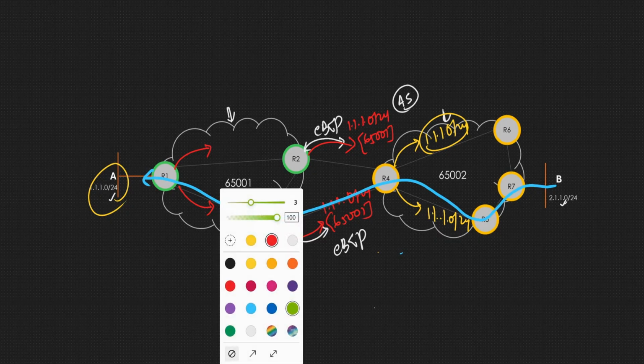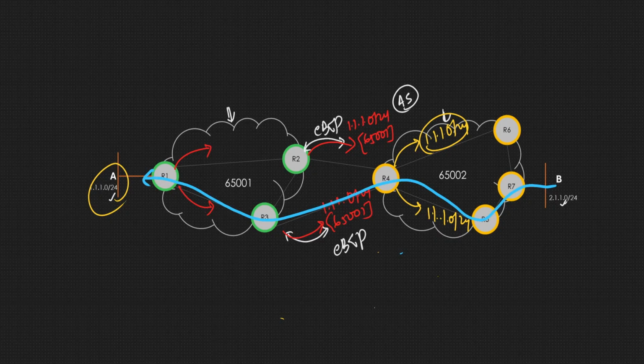So whenever we are talking about an autonomous system within an AS, BGP relies on the AS path to prevent loops for eBGP between autonomous systems, but BGP will not rely on the AS path within 65002.